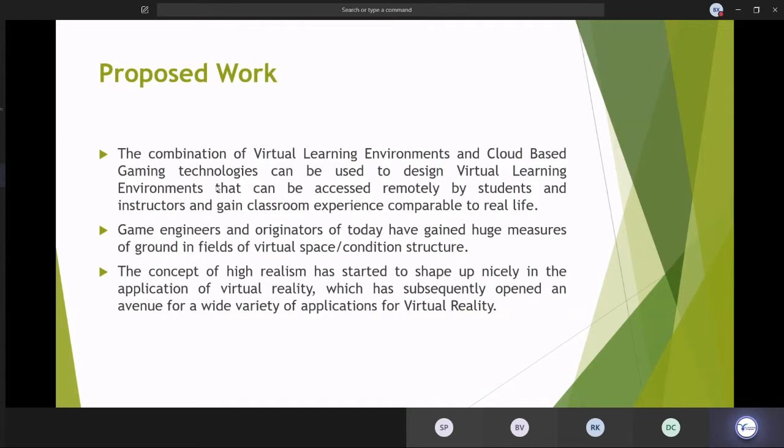The virtual reality used in the virtual learning environment allows the students to explore freely.